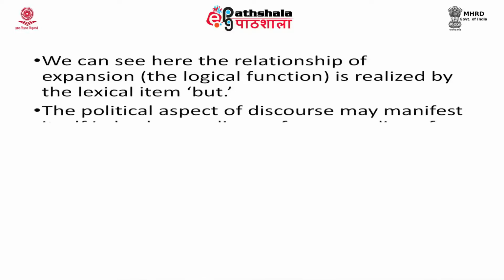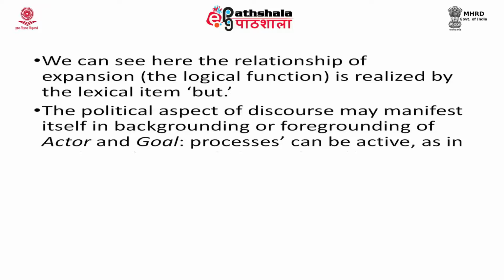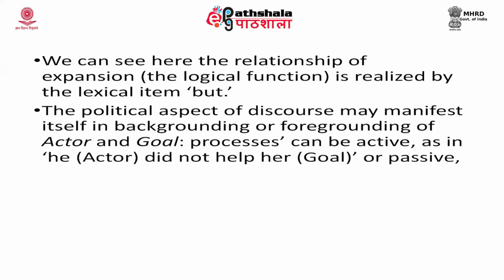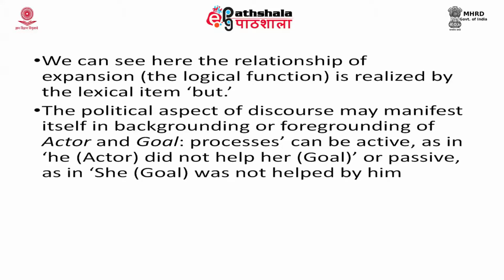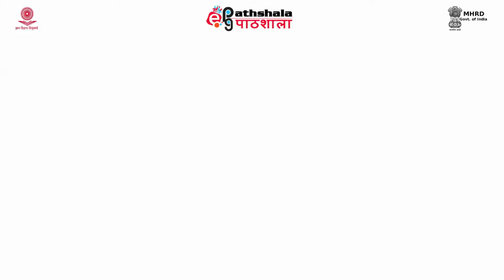The political aspect of discourse may manifest itself in backgrounding or foregrounding of actor and goal. Processes can be active, as in he, actor, did not help her, goal, or passive, as in she, goal, was not helped by him, actor, or the actor completely omitted, she was not helped.